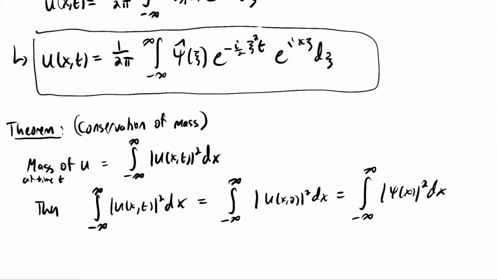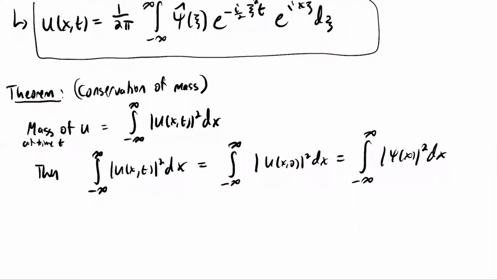This means that the mass is conserved over all time. For all time, this integral is always equal to the integral of the initial position squared. And so in particular, if we choose our initial position such that the integral of c squared is equal to 1, this is true for the solution for all time.